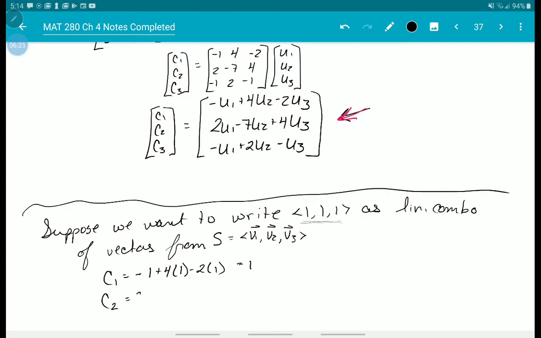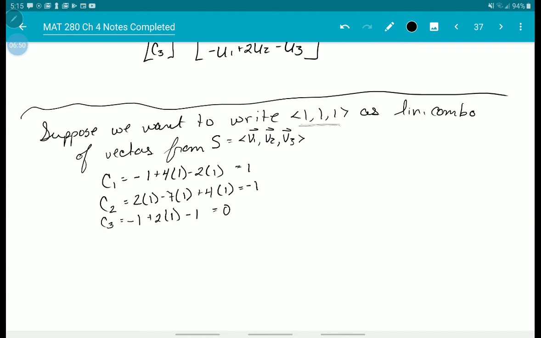C2 should be 2 times U1 minus 7 times U2 plus 4 times U3. So 2 minus 7 plus 4, which is negative 1. And then C3: negative U1 plus 2 times U2 minus U3, which is 0.